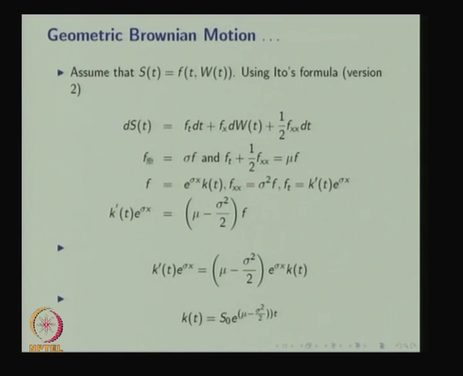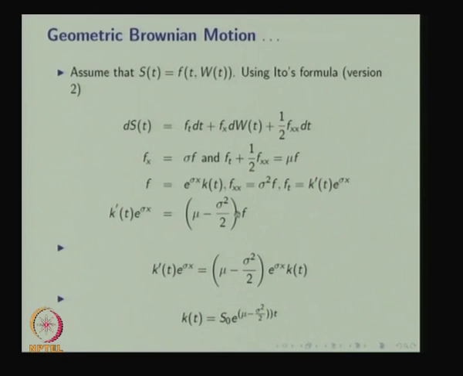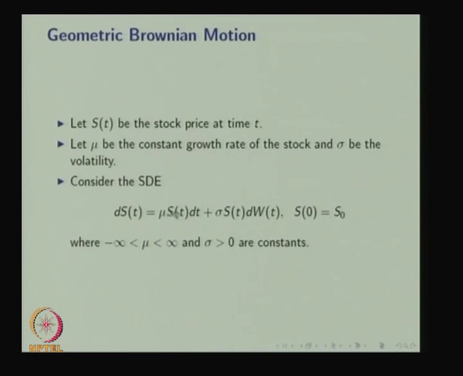You will get f_x, the partial derivative with respect to x, as the coefficient of dW_t, that is sigma times S_t, that is sigma times f. The coefficient of dt is f_t plus half times the second derivative with respect to x. Therefore f_t plus half f_xx equals mu times S_t, that is mu times f.